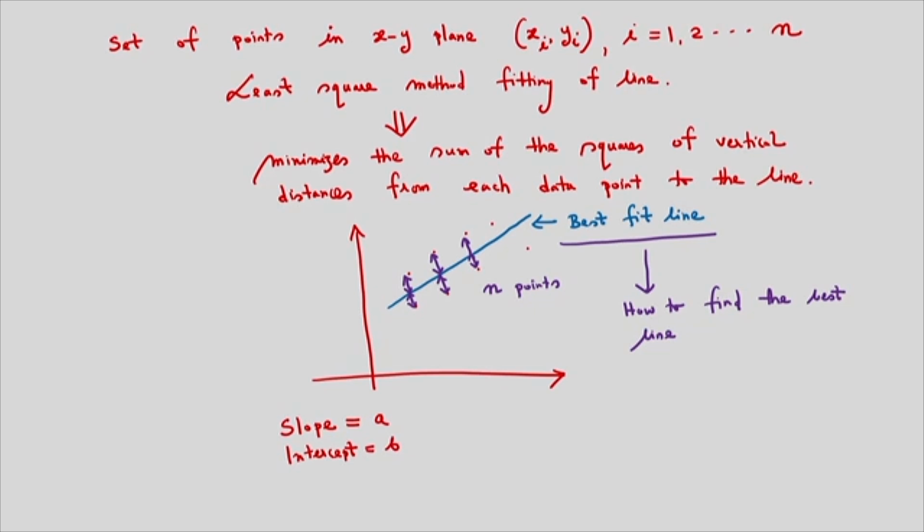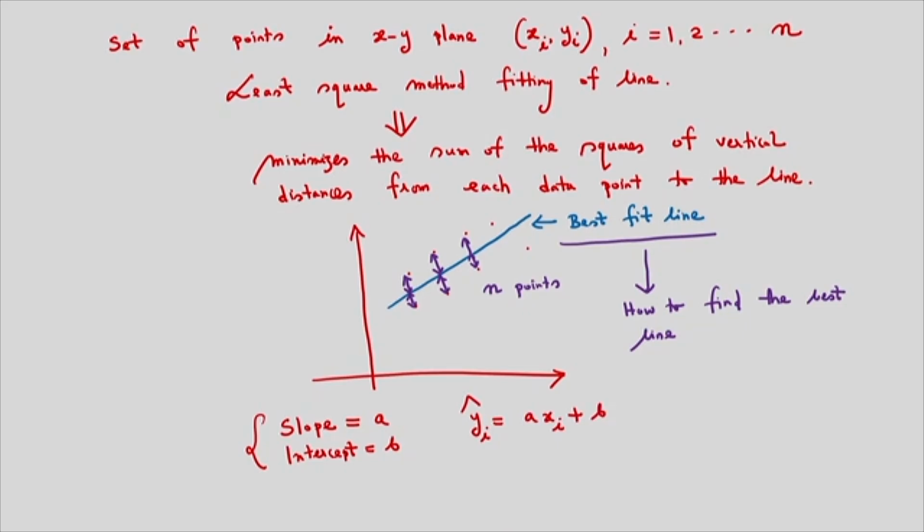These two parameters we are considering to determine the best fit line. In this equation of a line, I am estimating y, that is the predicted value, y hat is equal to a x i plus b. So, this is the equation of a straight line.